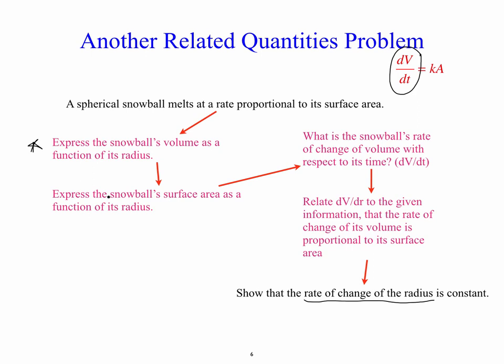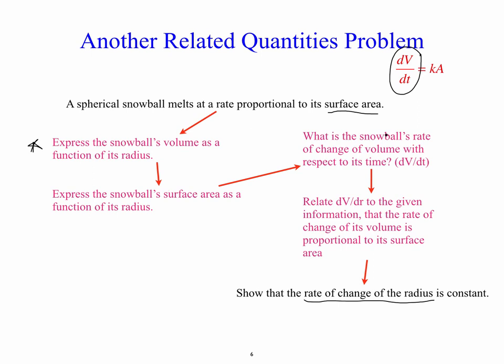Now, this middle part, express the snowball's surface area as a function of its radius, comes into play because the problem introduced the notion of surface area. So then it becomes a challenge to say, now that we've got these expressions relating the quantities, volume, surface area, and radius, let's bring in the rates of change.